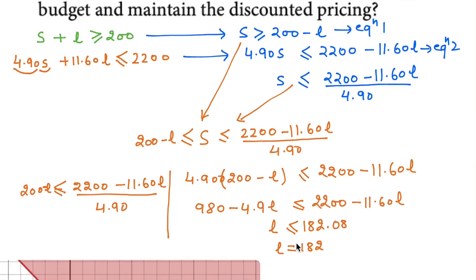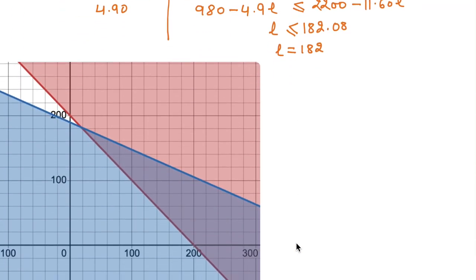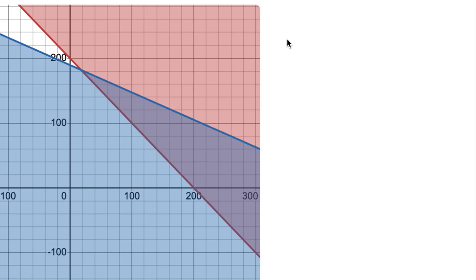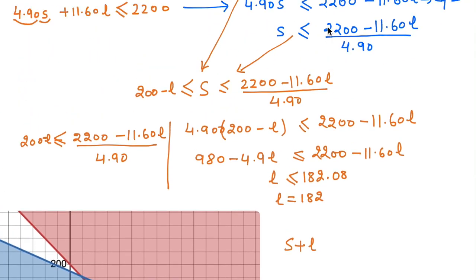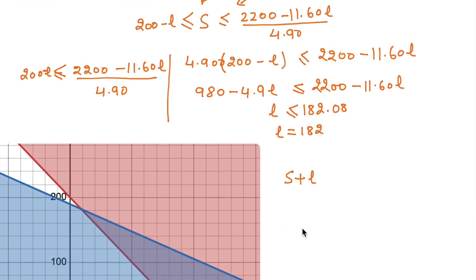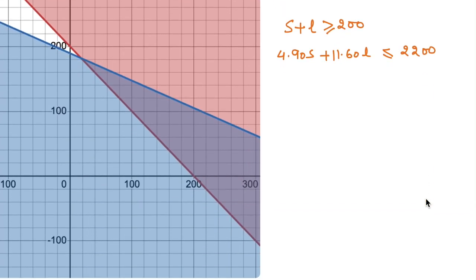Now the second method is the graphical method. Use Desmos and draw the two inequalities. S plus L has to be greater than or equal to 200, and 4.90 S plus 11.60 L has to be less than or equal to 2200. Now if I draw the graph of these two, this is the point of intersection, right?